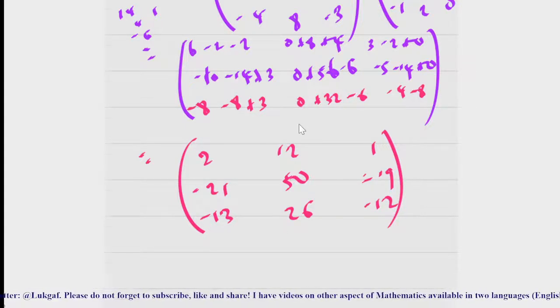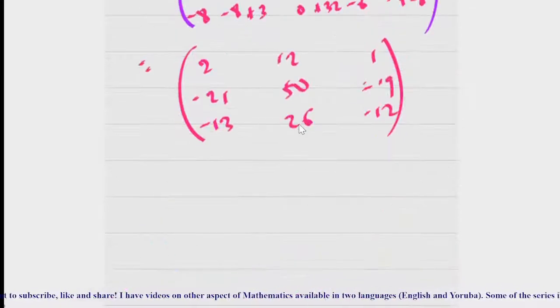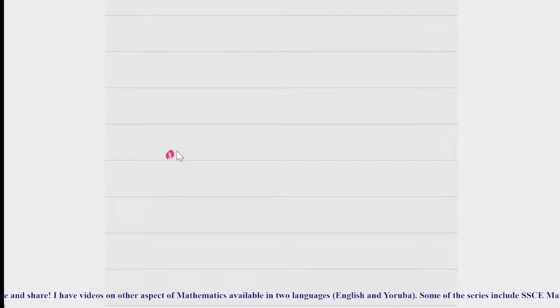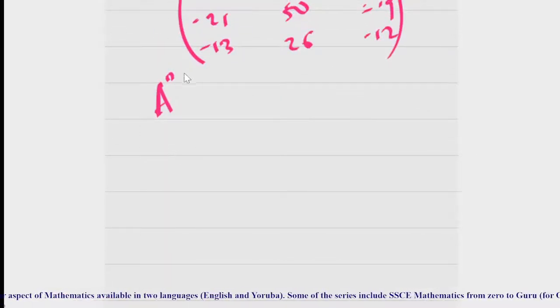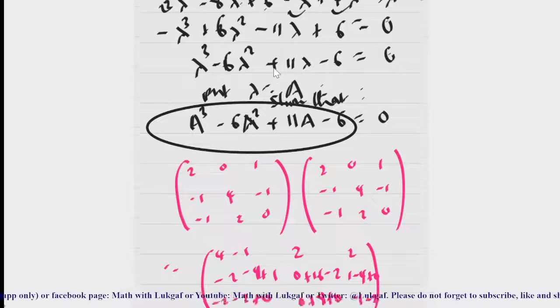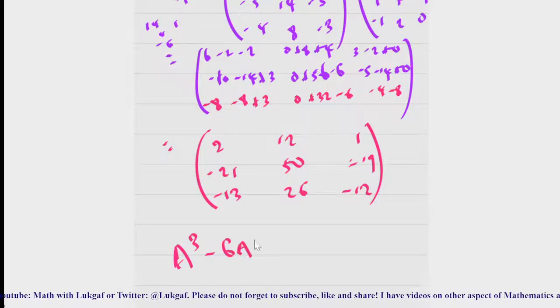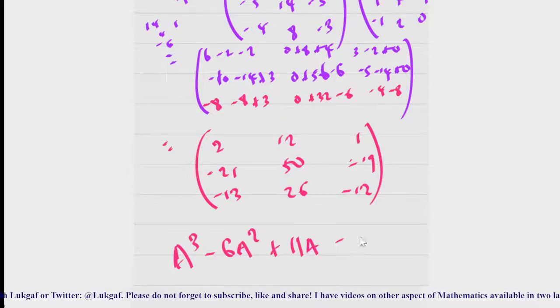Okay, let us go there again. What is our equation? We have A cube minus 6A square plus 11A minus 6I.